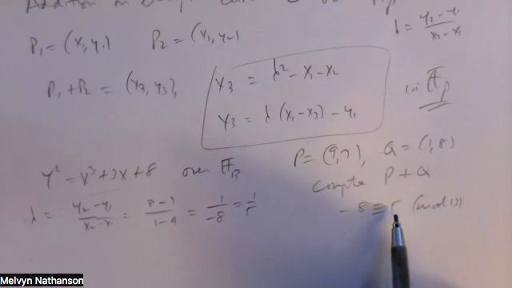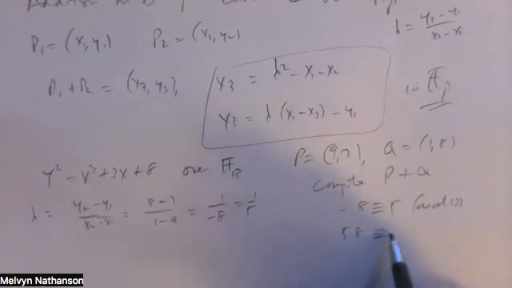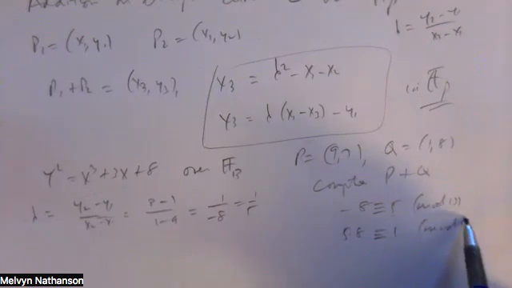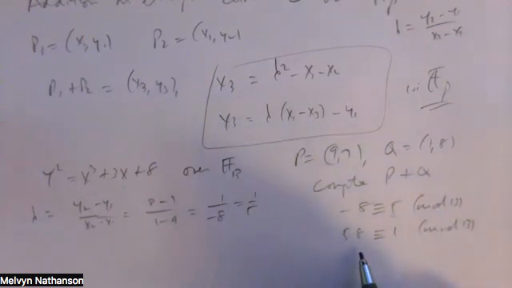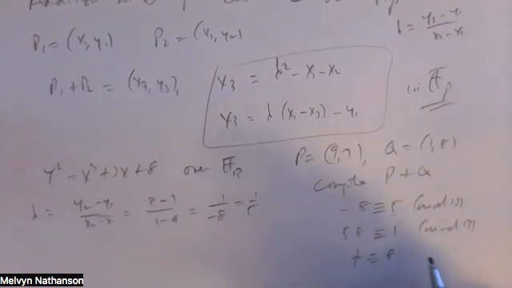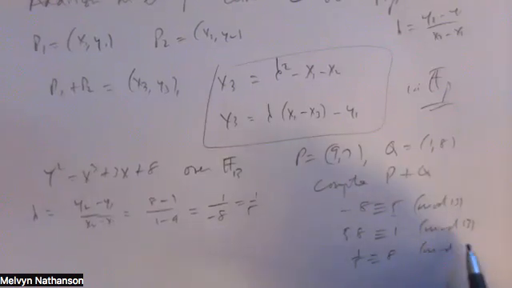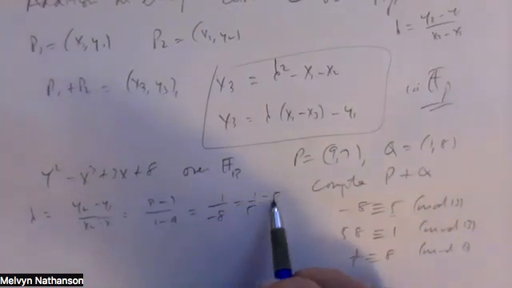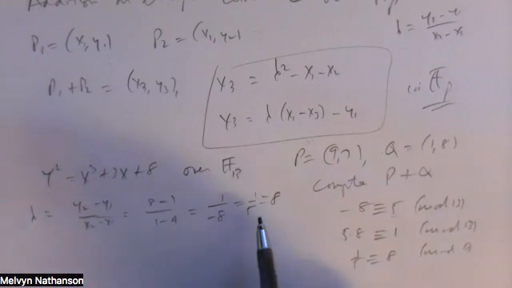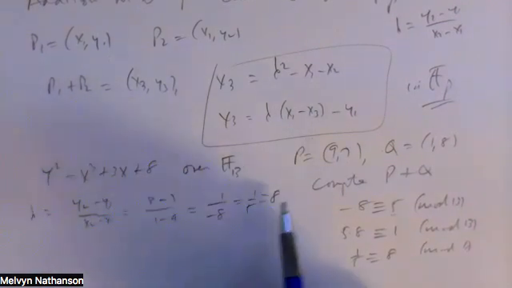Let's see, 5, 10, 15, 20, 25. 5 times 8 is congruent to 1 mod 13. So 1/5 is 8 mod 13. So lambda is equal to 8.